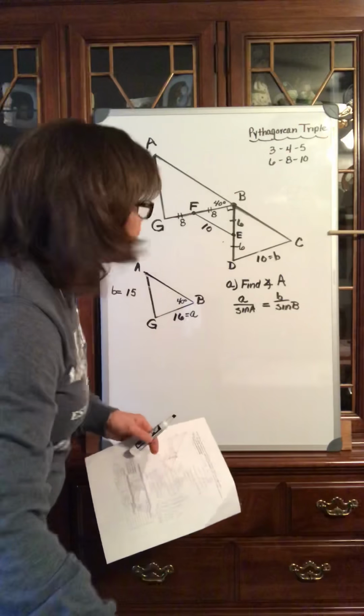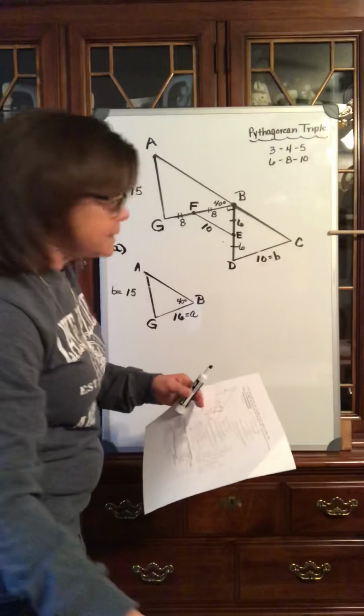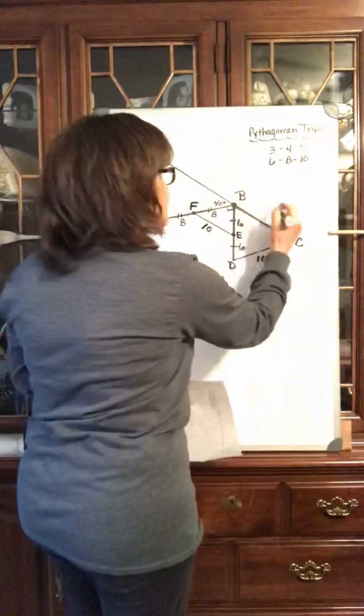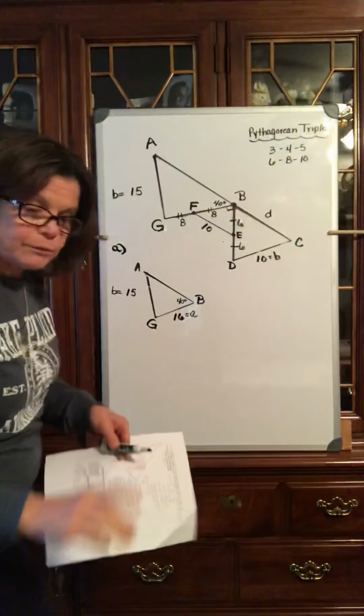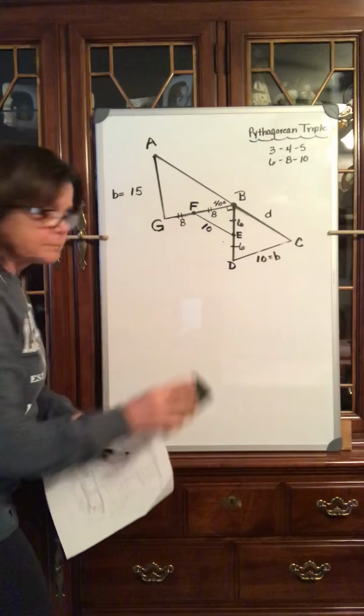To do the second part of the question, we have to find the length from B to D, which in this small triangle down here is lowercase d. That's what we're looking for. So I'm going to redraw just the bottom triangle.